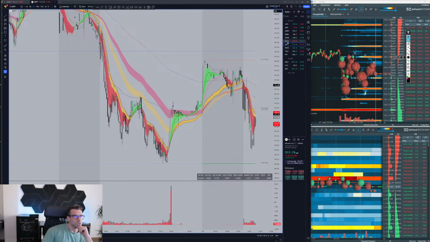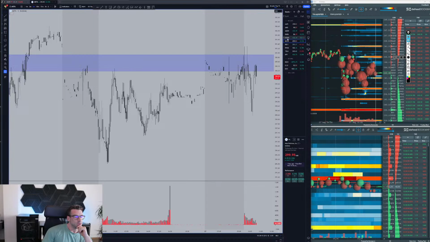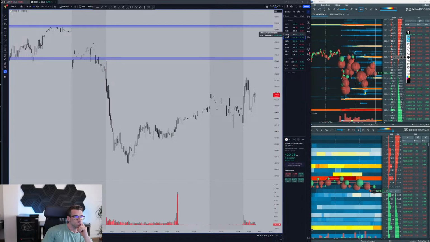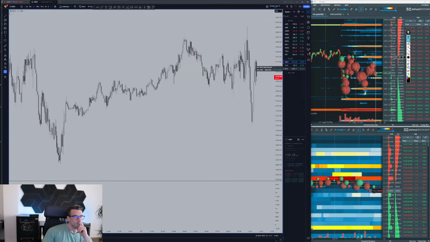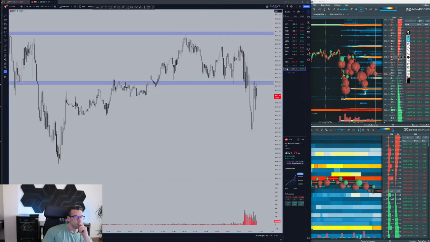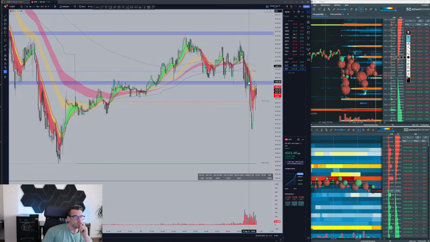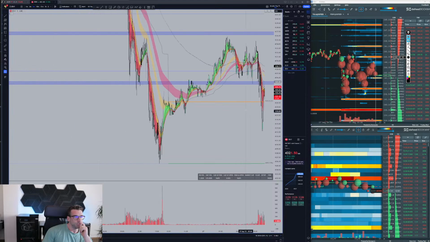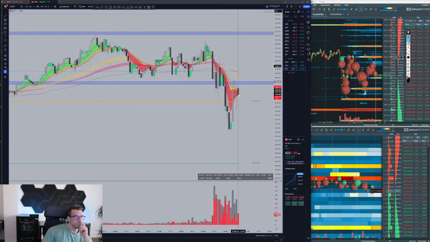So Microsoft is stuck in a range, Meta stuck in a range, Google stuck in a range for now, NQ back in the range over here, ES still stuck in this previous trading range, but I'm going to start checking over here, yes, probably. So yes, and SPY.